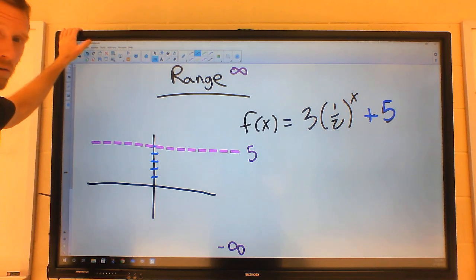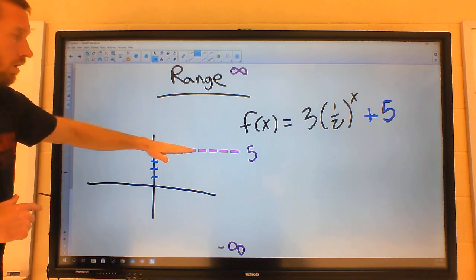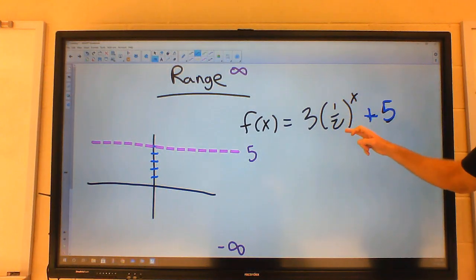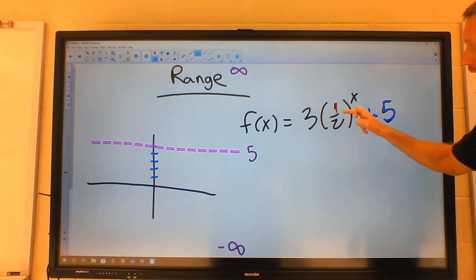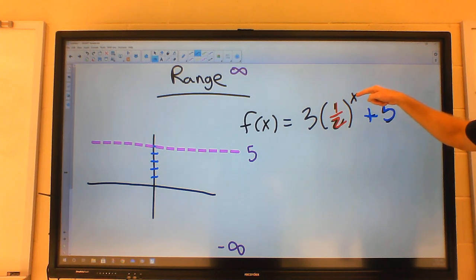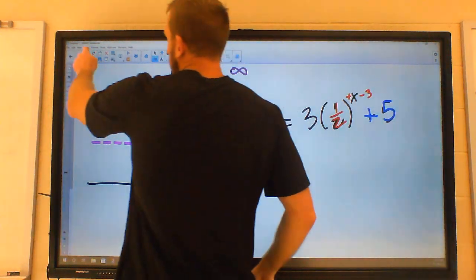That's pretty smart thinking. So we know where our asymptote is, and now we just have to identify what type of function this is. Well, 1/2 is my base. It's got a positive x there. And again, it doesn't matter if we had a negative number attached to the x. What we care about is that it's a positive right there in front of the x.